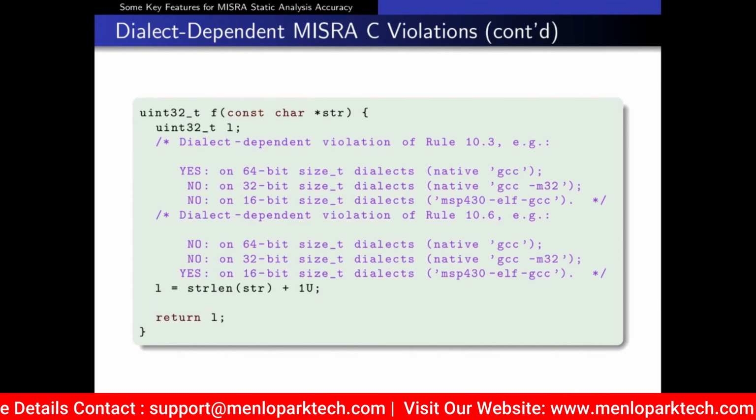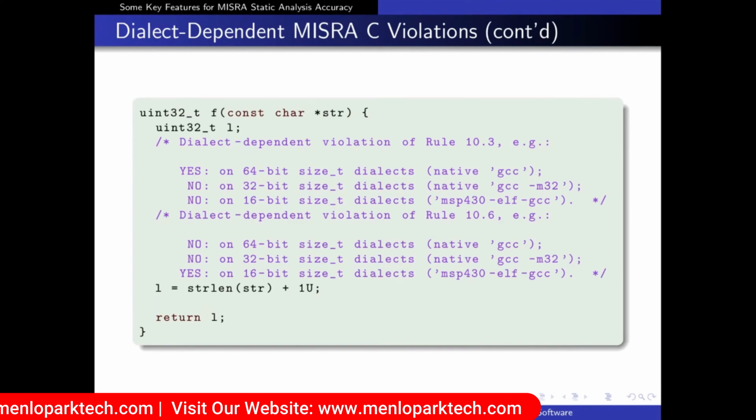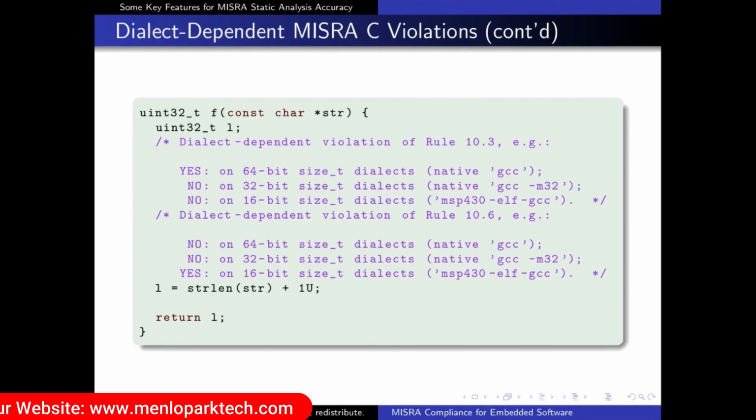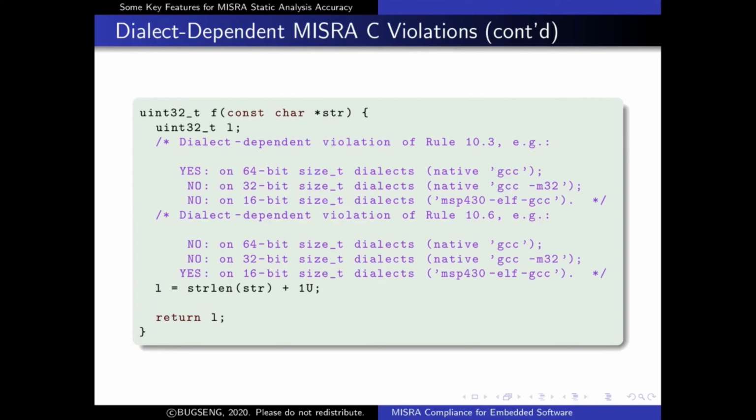Here we have violations for rules in the series 10 that are present or not depending on the size of size_t. For example, on native GCC on this machine, size_t is 64-bit, so we have a violation.